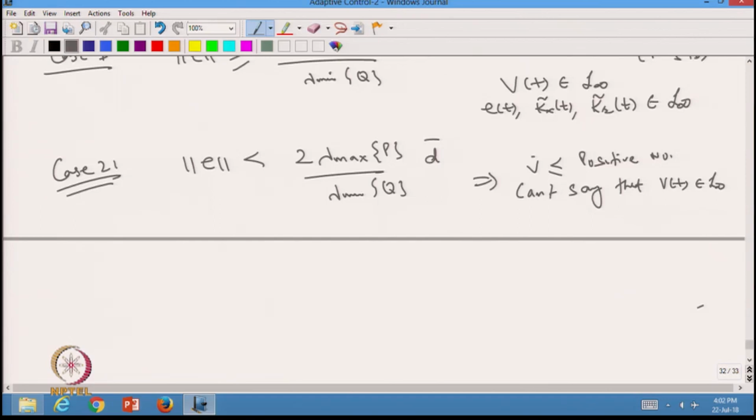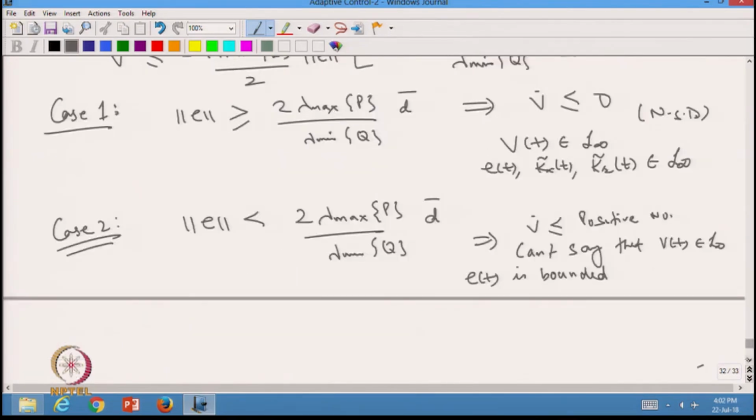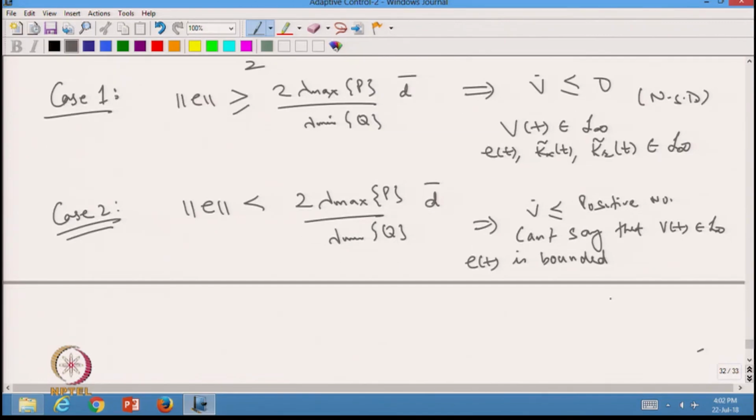But what we can say from this case is that the tracking error is bounded, because that is the case that we are talking about, that the tracking error goes below a certain value. So, E of t is bounded. But what about the parameter estimation errors k x tilde and k r tilde in this case? In this case we can't really guarantee that the parameter estimation errors are bounded.